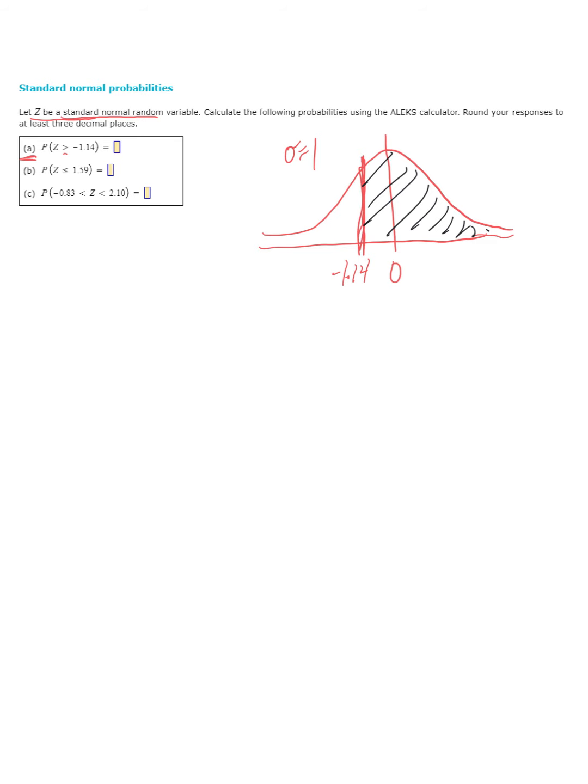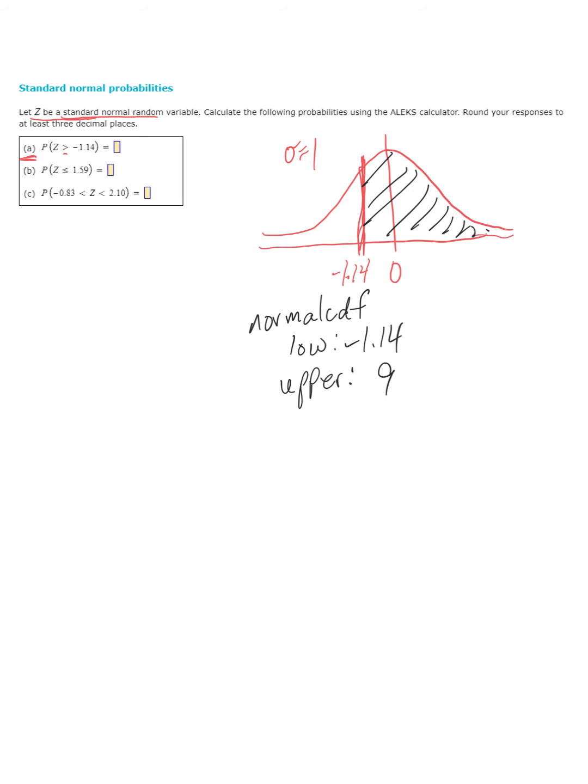If I do that with my calculator, I go to my normal CDF. My lower bound is going to be negative 1.14. My upper bound is going to go all the way to infinity.